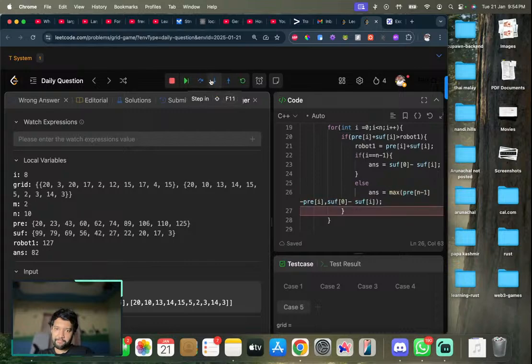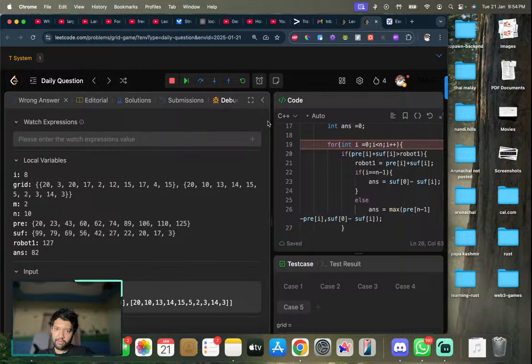It works. 125 plus 3 is equal to 128, which is greater.